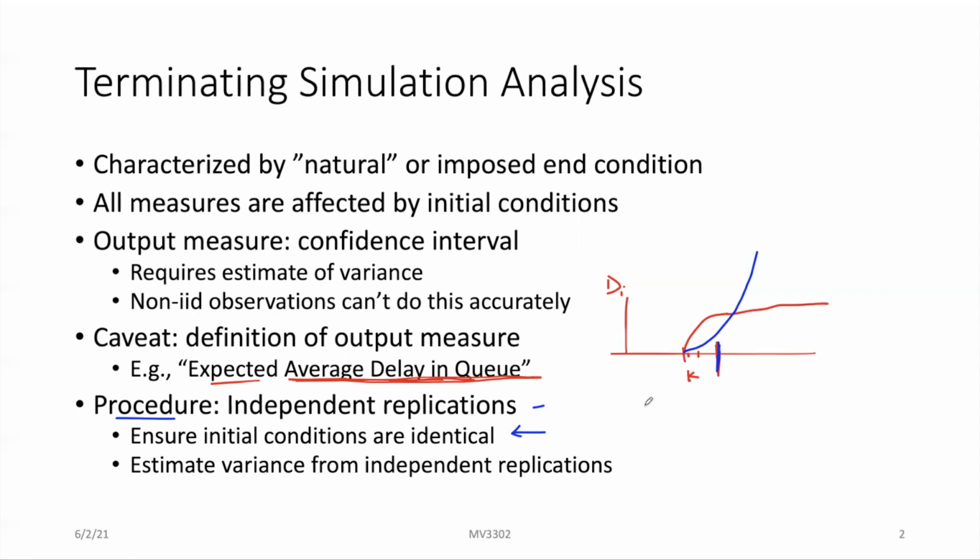We ensure that by making sure that all of the reset methods set all of our state variables back to their initial values. That is, our queues are always empty or 0. Our available servers are always equal to the total number of servers. And whatever other state variables we have are all set back to their initial conditions.